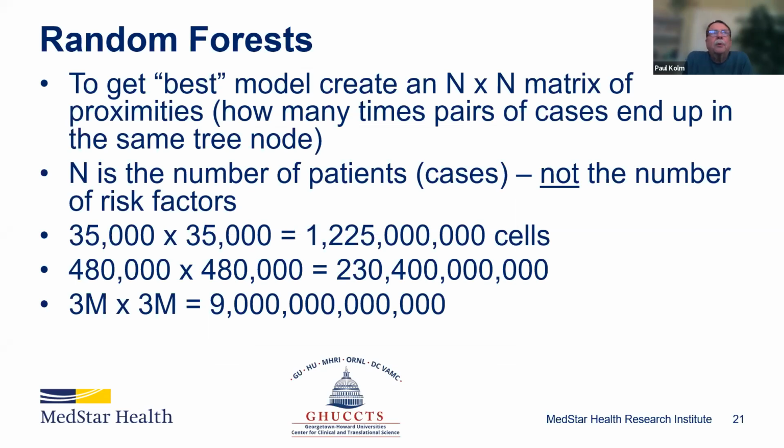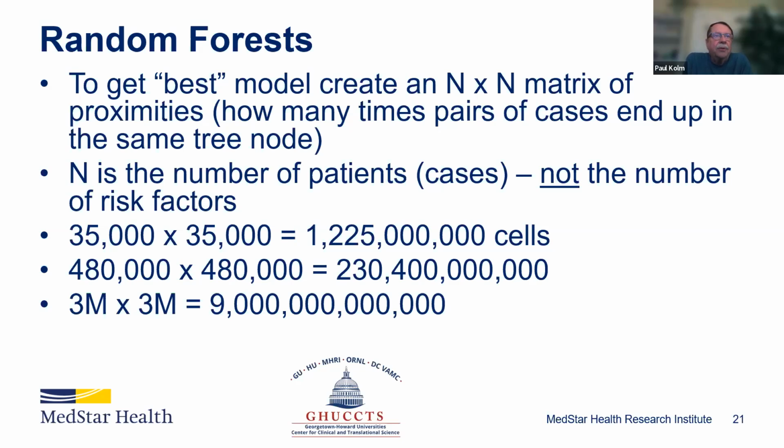The problem with random forest, though, is that to get the best model, you create an n-by-n matrix of proximities. That is, how many times pairs of cases end up in the same tree node. N, however, is the number of patients, not the number of risk factors. So if you have a very large database, this n-by-n matrix gets out of hand.